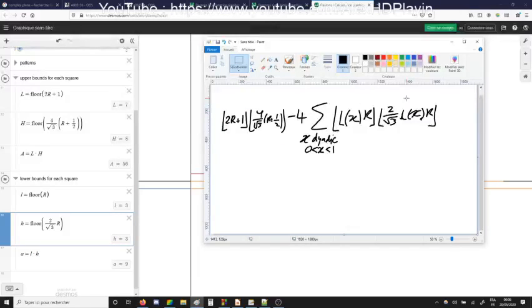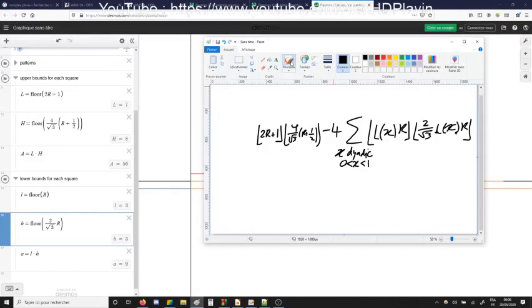Okay. And therefore we have EIS of R less than or equal to that. That's not exactly how I wrote it.